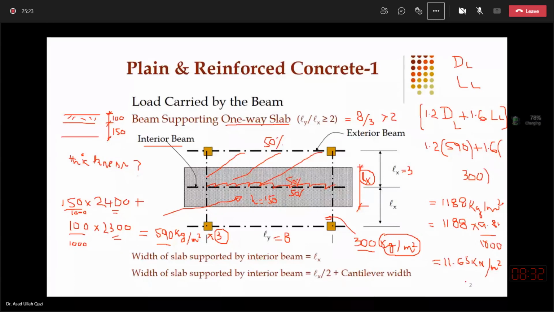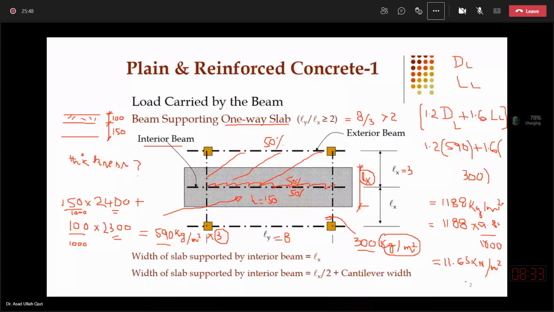But for ordinary residential or commercial buildings, this is a very common value. If you get 116 kilonewton per meter square, that would be an unusually high ultimate pressure. So recheck your calculations, there may be a mistake somewhere.